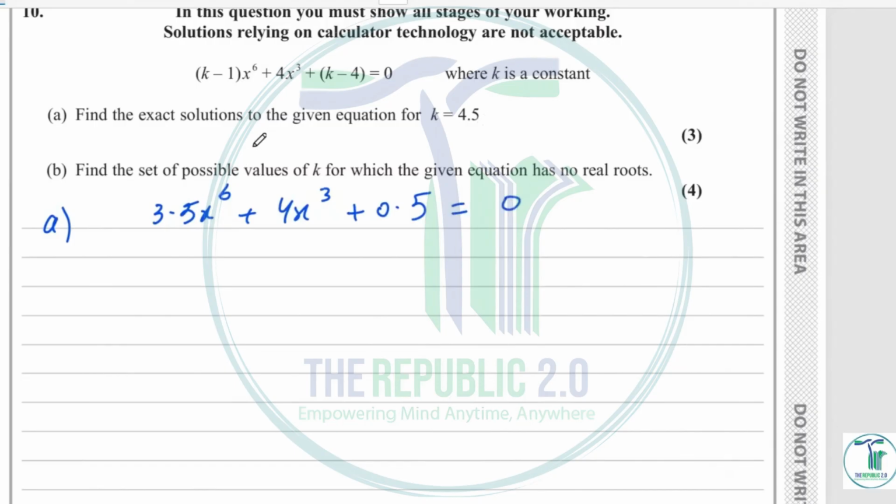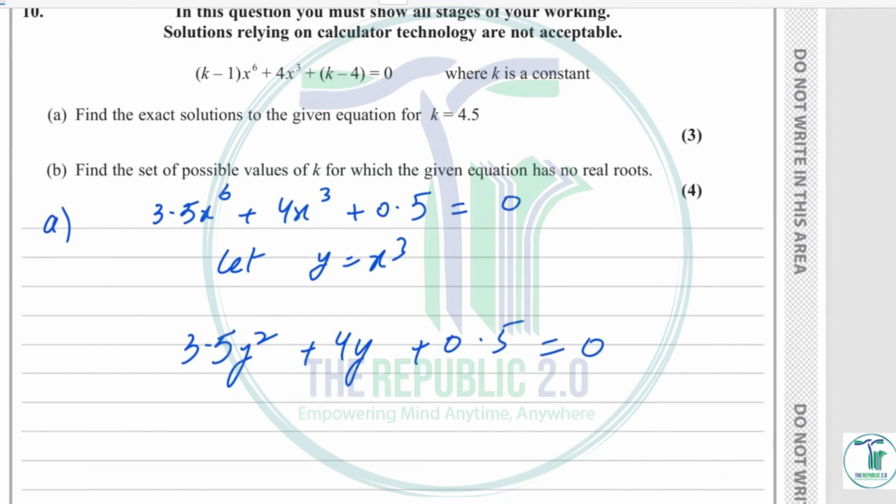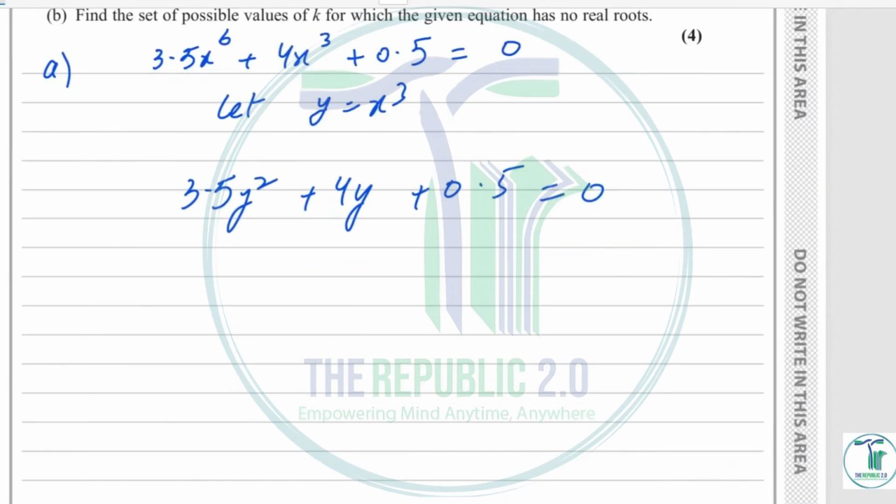Well, since this is something more than a quartic equation, it has degree 6. So we can suppose that y is equal to x cubed. So this equation would eventually become 3.5 y squared plus 4y plus 0.5 is equal to 0. Solving this equation by factorization or completing the square would be a bit hard, so I'm just going to apply the formula.